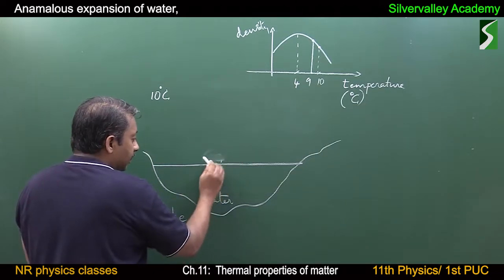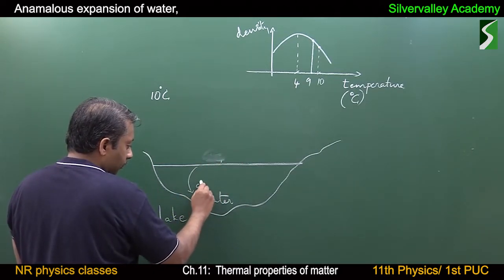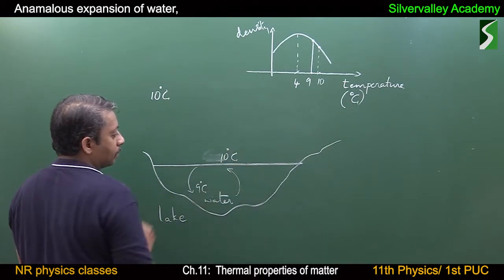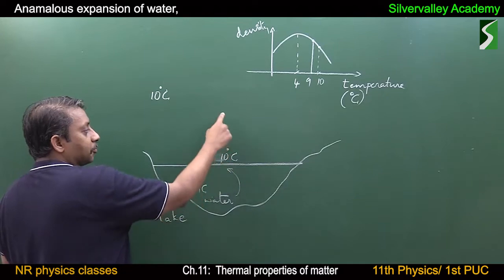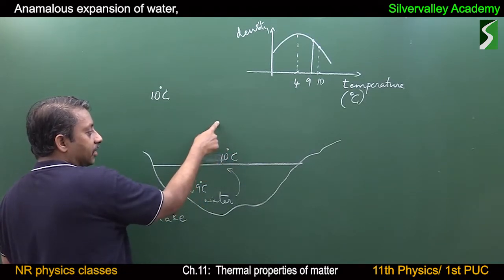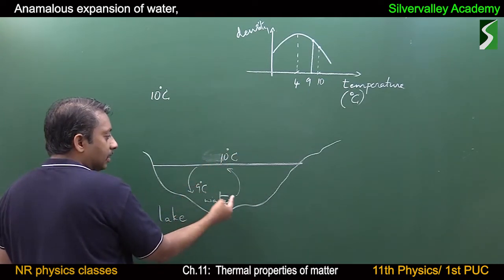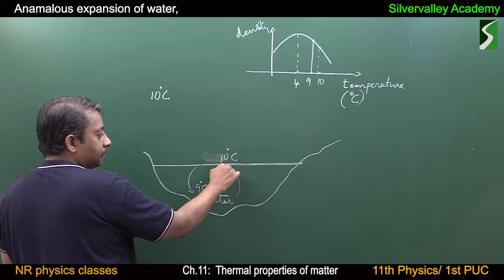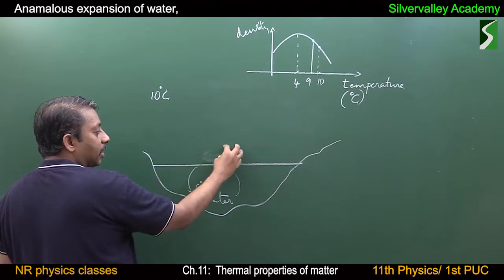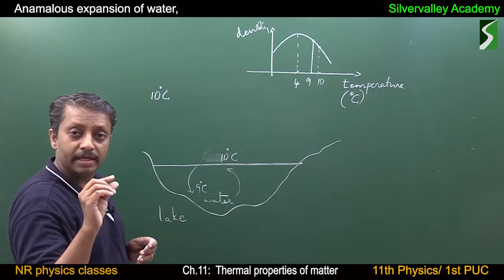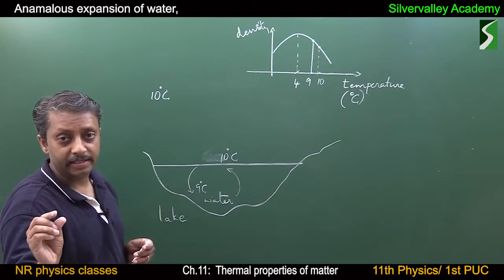Now this 9 degree sinks and 10 degree water goes up. Again 10 degree is exposed to air, it loses heat energy to the air, it becomes 9 degree, again it sinks, and 10 degree water goes to the surface. In my explanation I am taking integral values, 10 degree, 9 degree, 8 degree. Okay.